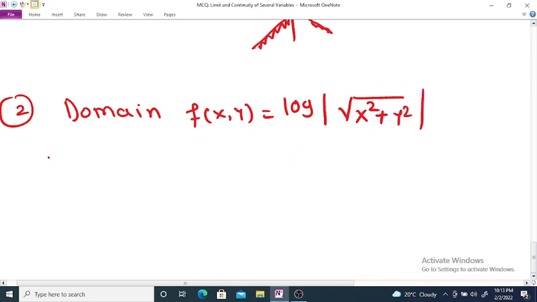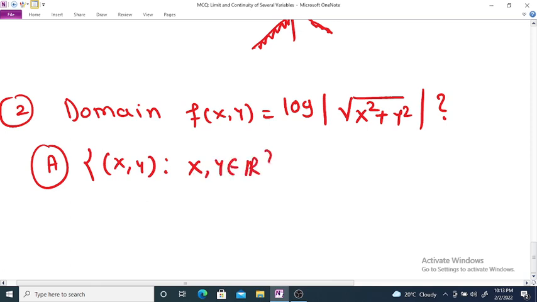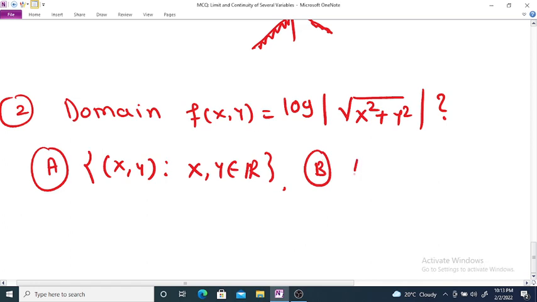The options are given. What is the domain of this function f of (x, y)? Option A: the collection of all (x, y) such that (x, y) belongs to R. Option B: R square minus (0, 0).